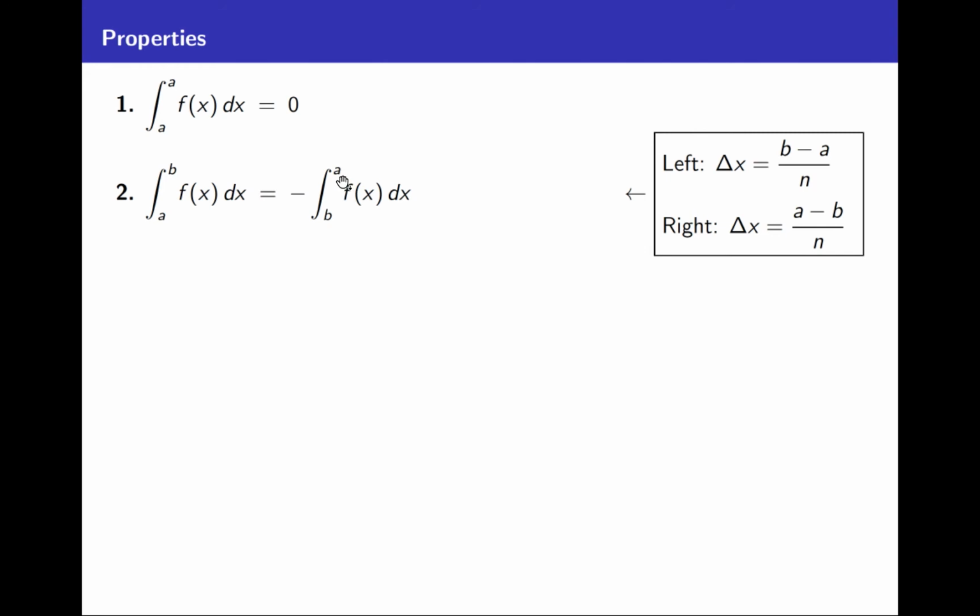It would be the top number minus the bottom number divided by n. a minus b divided by n. And so notice that the delta x's on the right and the left, they're negatives of each other. So right there you see that dx, that delta x, controls the sign relative to the order that the a and the b are in.